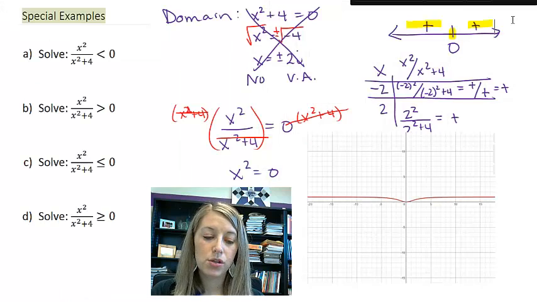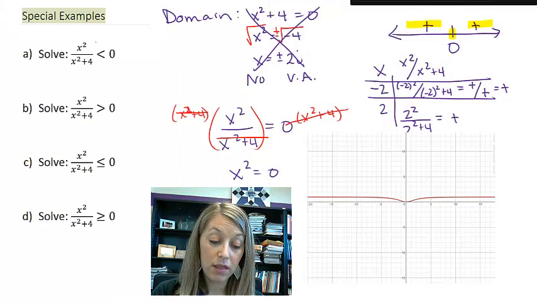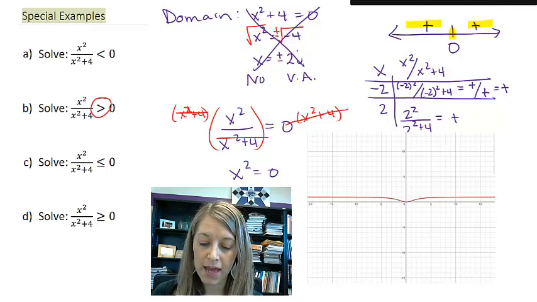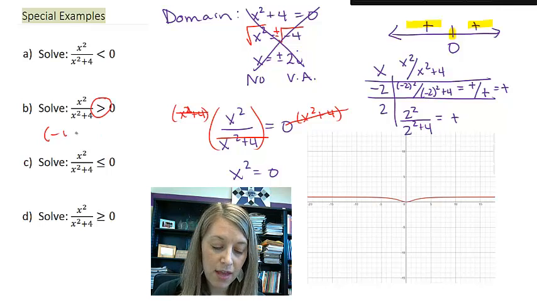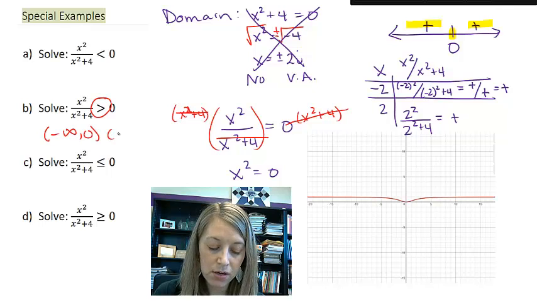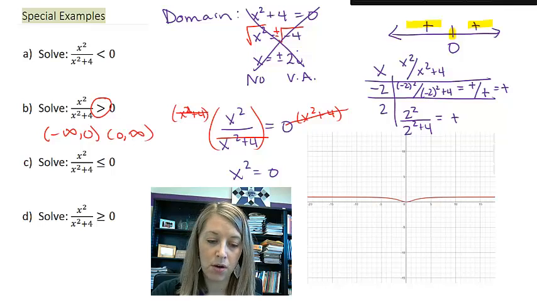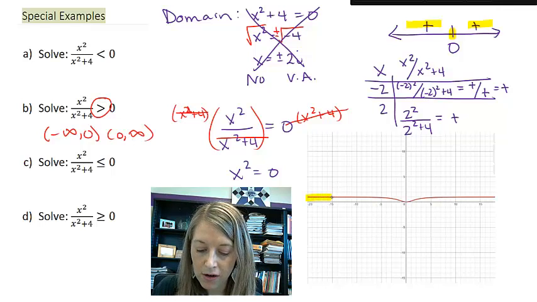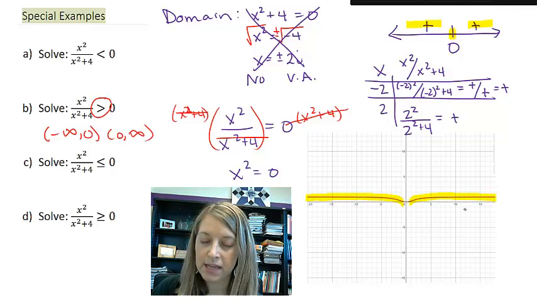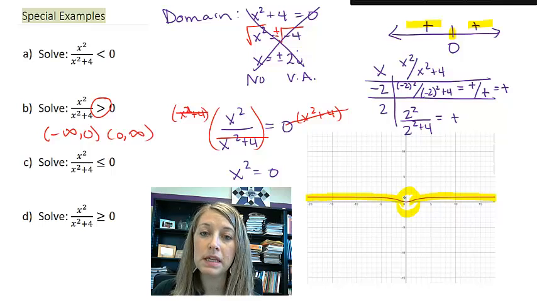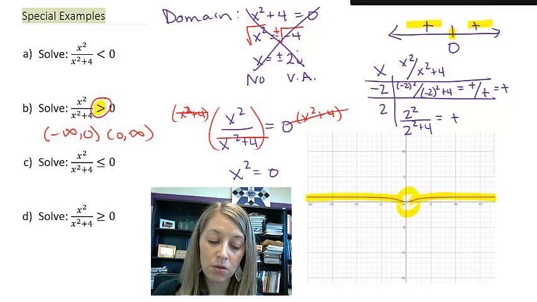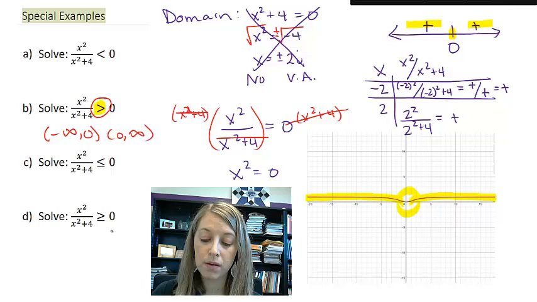Okay, so the easiest inequality for us to find is where it is above the x-axis. It's above the x-axis to the left of 0, and it's above the x-axis to the right of 0. And so we can see that on our graph here, above our x-axis on the left and above our x-axis on the right, but not in the center because that is where it is equal to 0, and we don't have an equal to in our inequality.